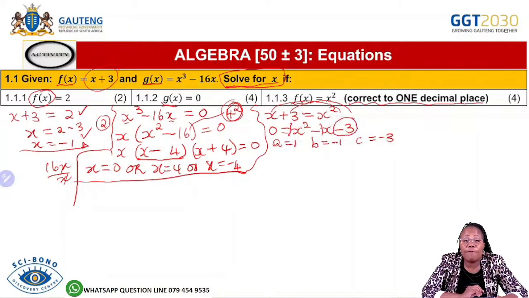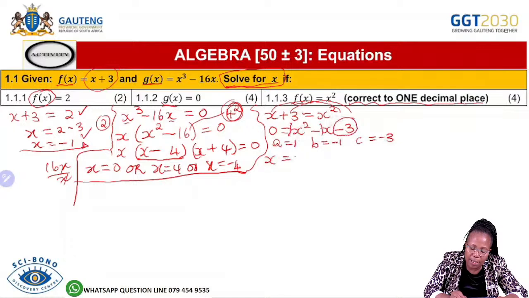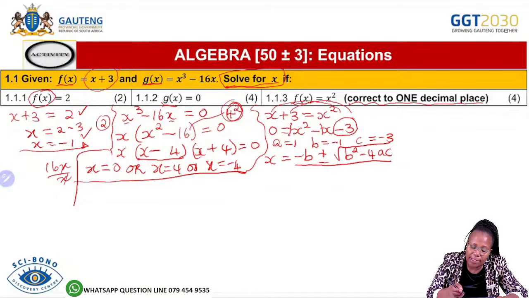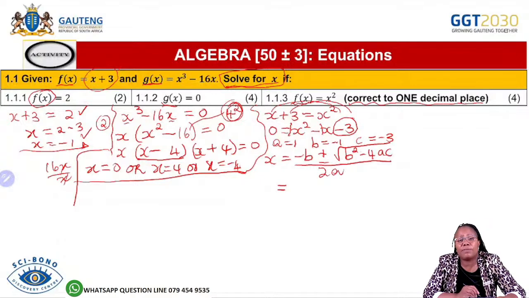Now we go into the formula sheet. We select the quadratic formula, which says that x is equal to minus b plus minus the square root of b squared minus 4ac all over, look at my division line, it starts from minus b over 2a. The next part is the substitution part.